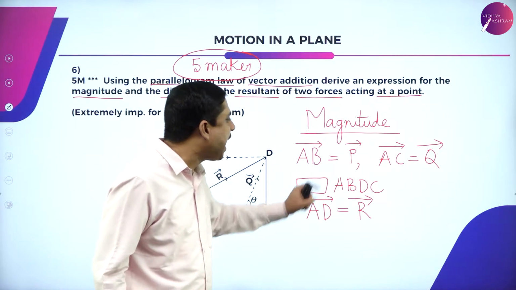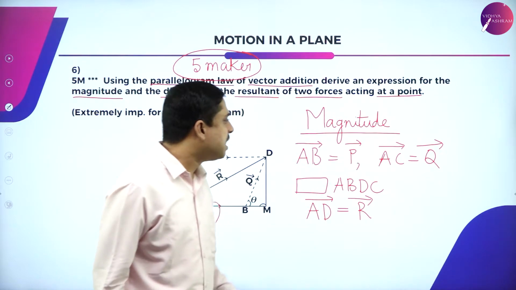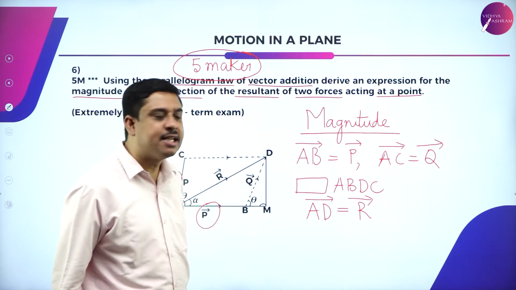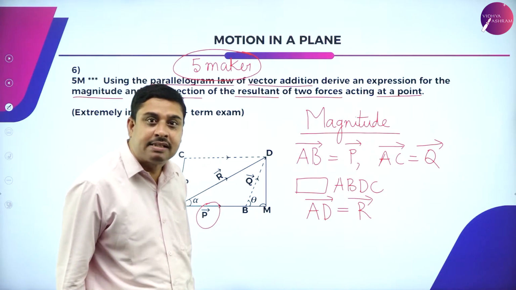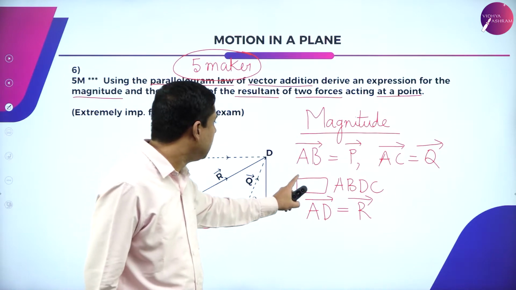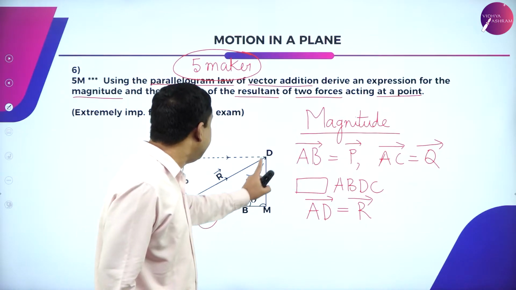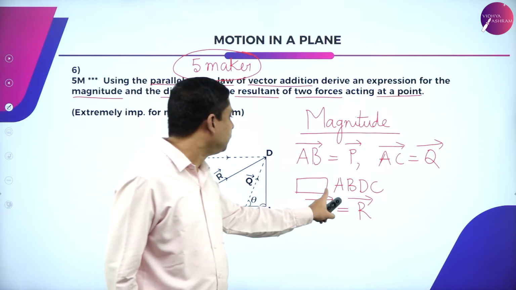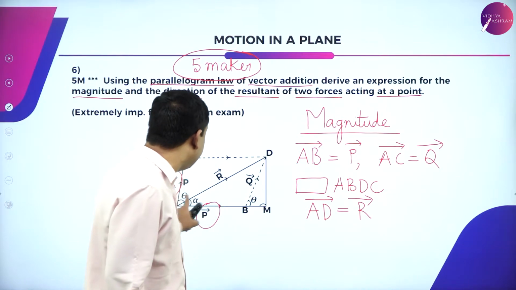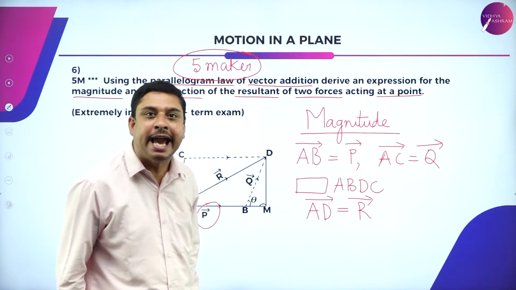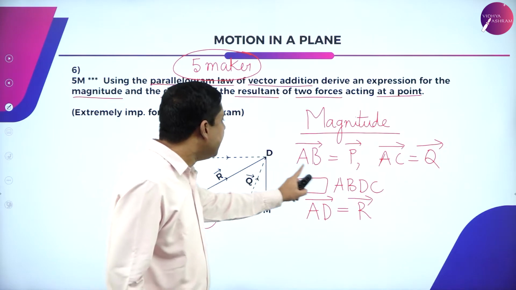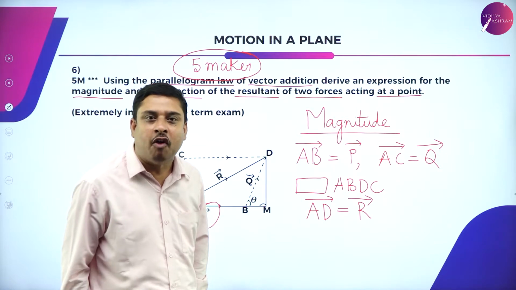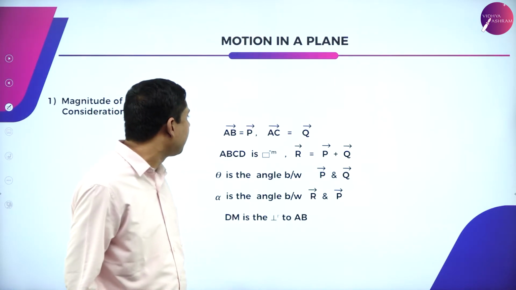Line segment AB represents vector P. Line segment AC represents vector Q. A, B, D, C is the parallelogram, and the diagonal drawn from the point A, AD, is equal to R, which is the resultant of the two vectors.